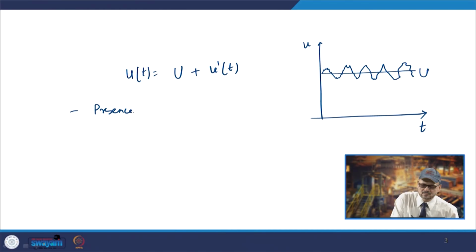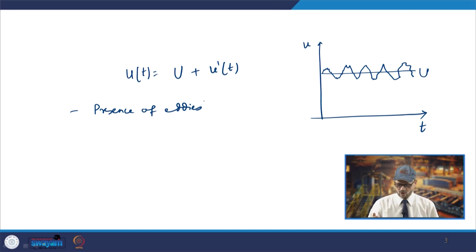Now, in turbulent flow structures you have the presence of eddies. These eddies may be of smaller, intermediate or even larger size, to the extent of the length of the vessel.